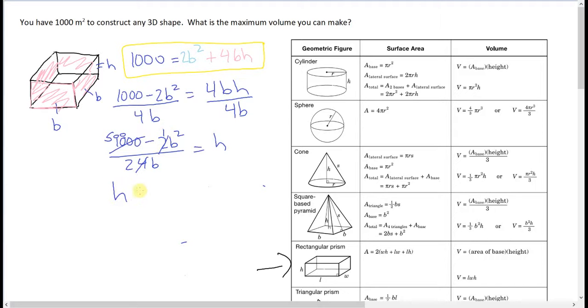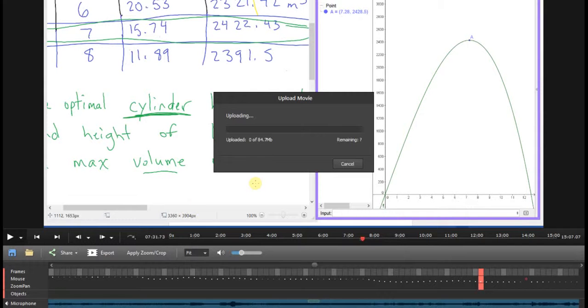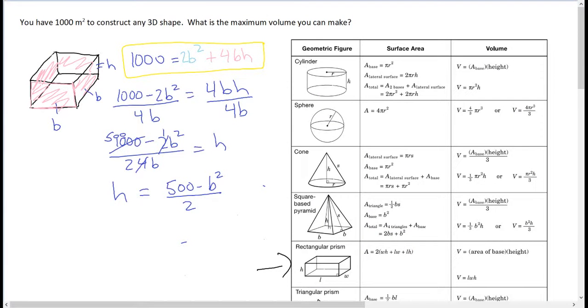So we can simplify this a little bit more. h is equal to 500 minus, that's looking very messy and not quite correct. Okay, we had 2 and we divided by 2, we were left with 1, and we still have the b squared, all over 2b.